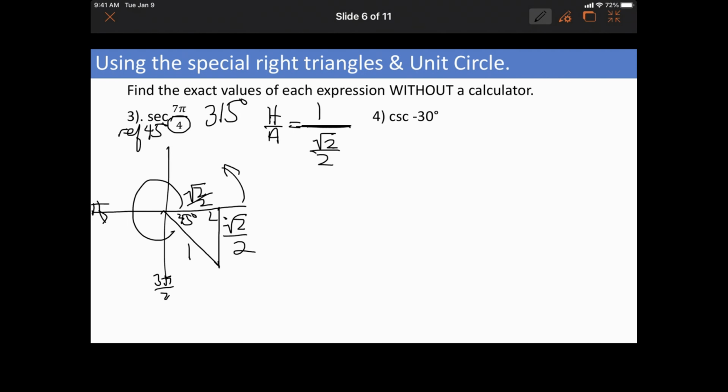I don't want that 2 in this denominator, so this becomes 2 over root 2. But we don't like root 2's in the denominator, so we're going to multiply by root 2. And some of you may have seen the pattern. This is 2, so this will simplify out, right? 2 over 2 is 1, leaving just a nice square root of 2.